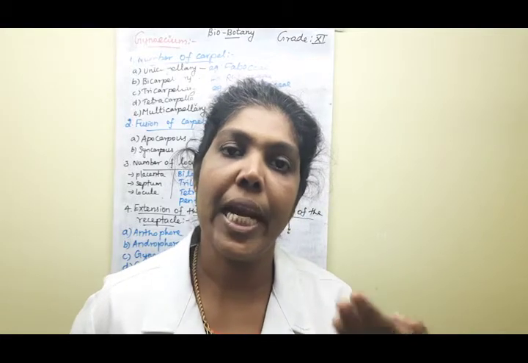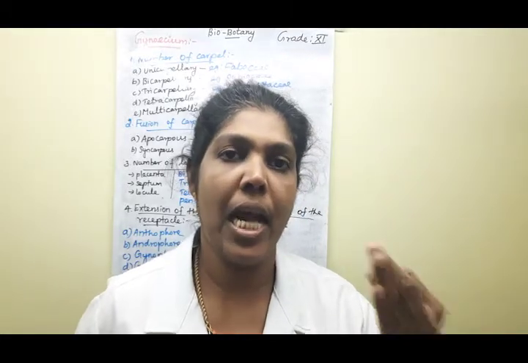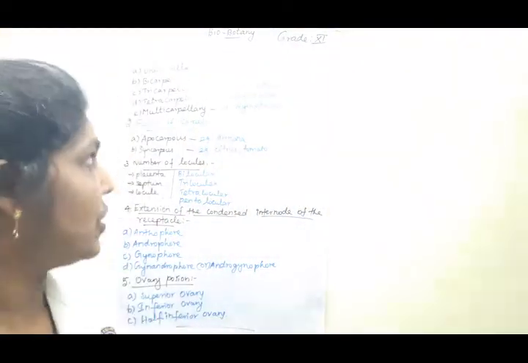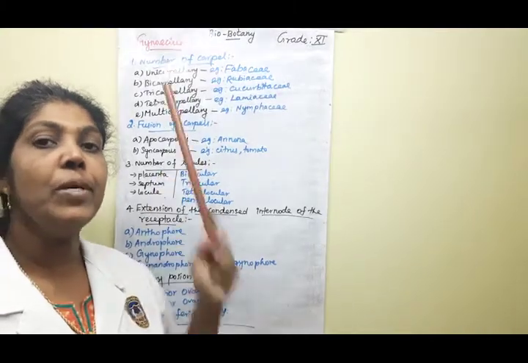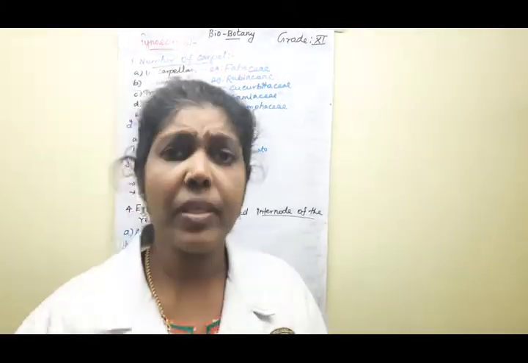Clear? Yes, good. So in today's class we are going to learn about the next essential whorl, the reproductive organ. The last one is the gynoecium. Clear, children? So today we are going to learn about this topic, the gynoecium. This is the female reproductive organ. What do you mean by gynoecium?